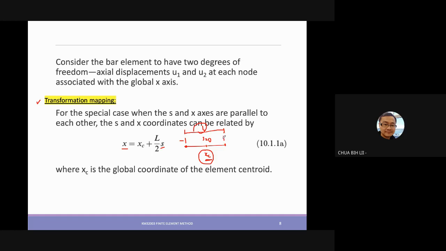The computer only needs this one, this -1 position, and it is able to calculate. So the x positions have now been properly mapped, because we know the length and the centroid is always at the middle. So L divided by 2, plus 1, or minus 1, you get the exact coordinate.